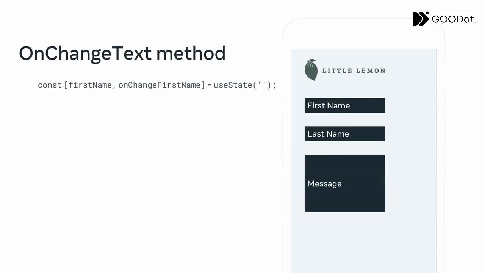Here, firstName is defined as an empty string, but when the user types something within the text input, the onChangeText will invoke this onChangeFirstName method and set the state of firstName with what has been typed in the text input box. In a similar way, you can define multiple text input components within a screen, associated with different variables such as first name, last name, and message, and set their respective states.